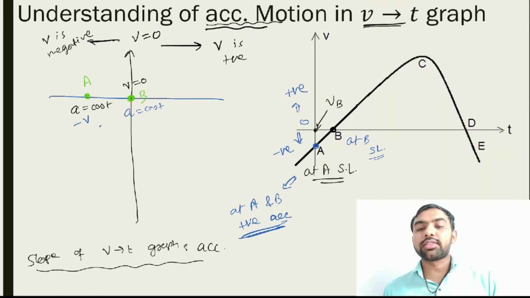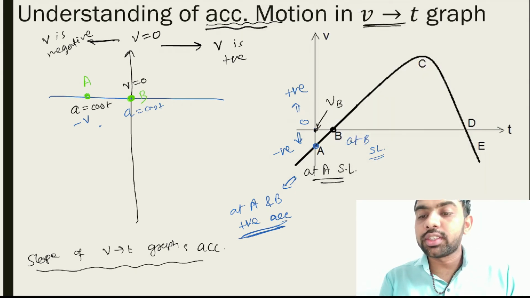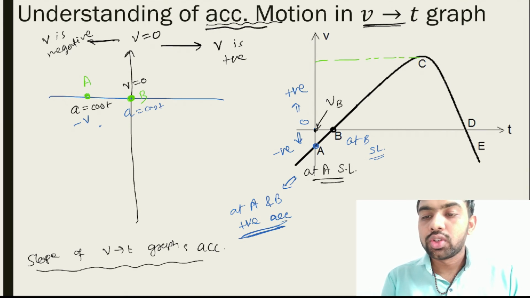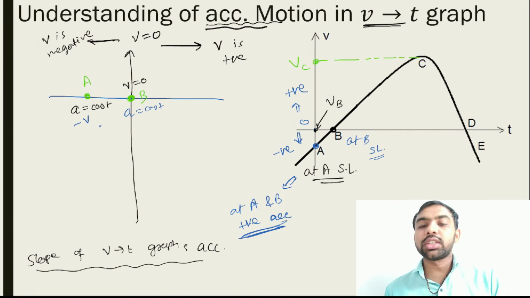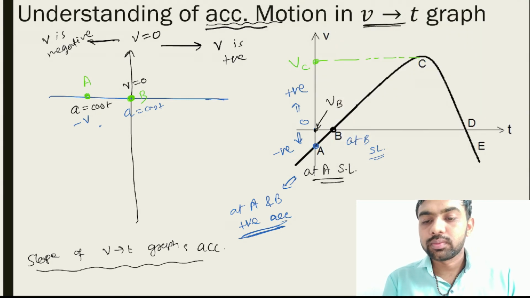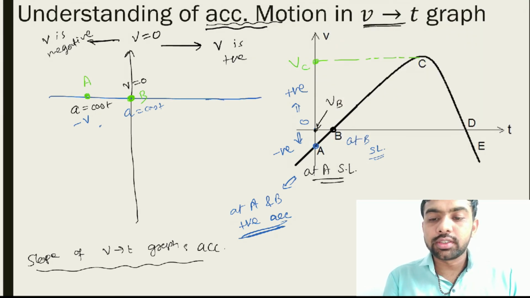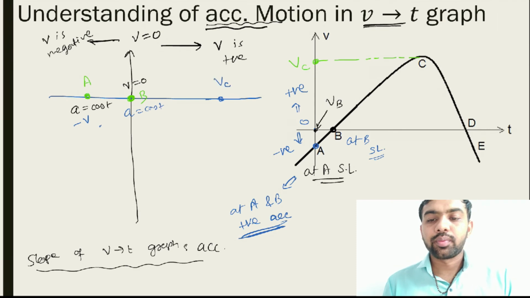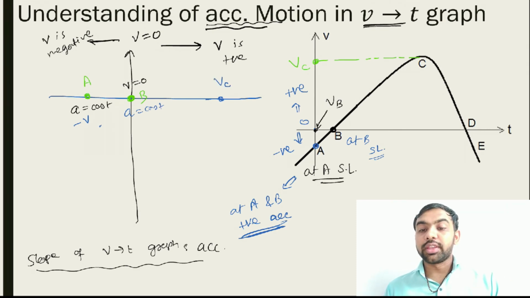Now what do you think at C? At C velocity is this one. This is VC, positive or negative? So V is positive. Let's consider this is the positive side, somewhere here, that is VC.